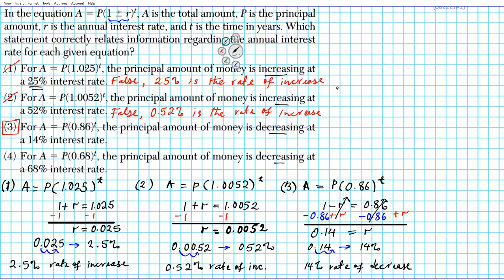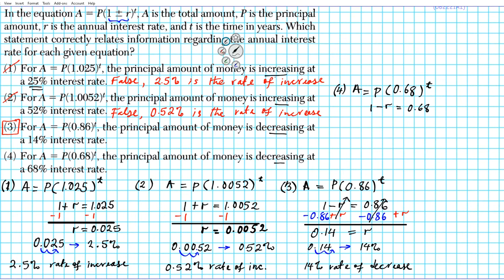So for option 4, we have the amount equals P times 0.68. This is another decay model. All right, so we're going to use 1 minus r is equal to 0.68.